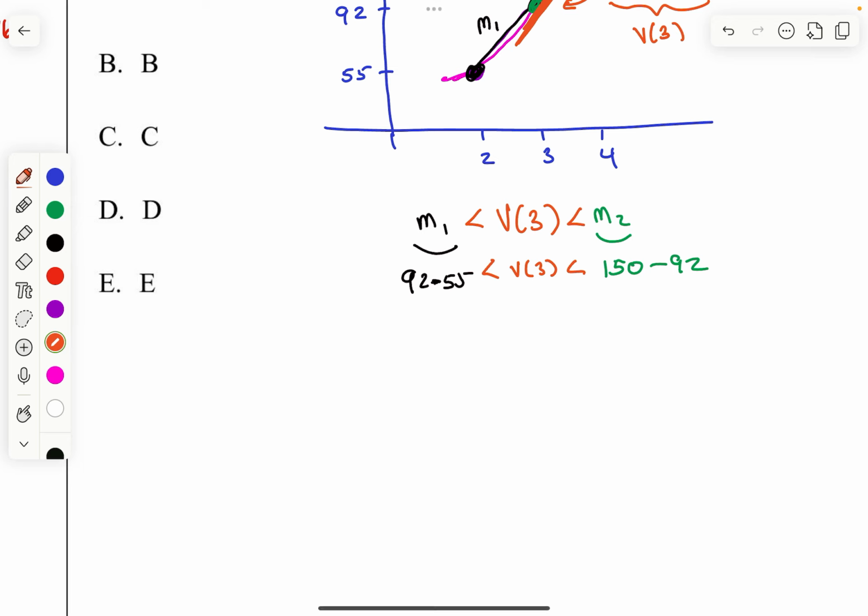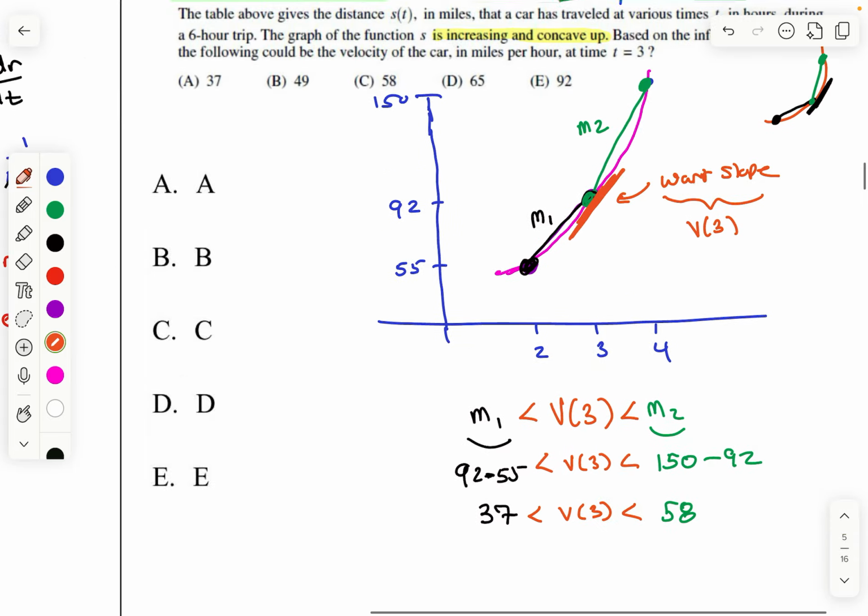So 92 minus 55 is, let's see, 42 minus 5 would be 37. And 150 minus 92 is 58. So we should find an answer choice where the value is between 37 and 58.